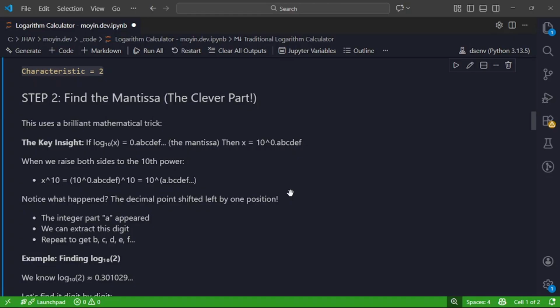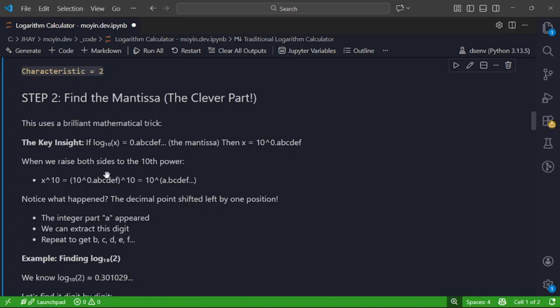So let me go again. What you had before was x is equal to 10 raised to the power of 0.abcdef. You raise both sides to the power of 10: x raised to 10, and 10 raised to the power of 0.abcdef raised to the power of 10. What does that mean? Essentially you are multiplying by 10. Because of that, it becomes 10 raised to the power of a dot b, c, d, e, f.